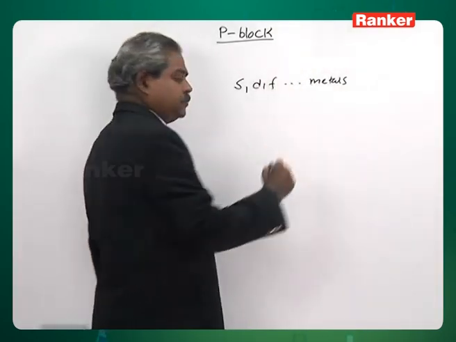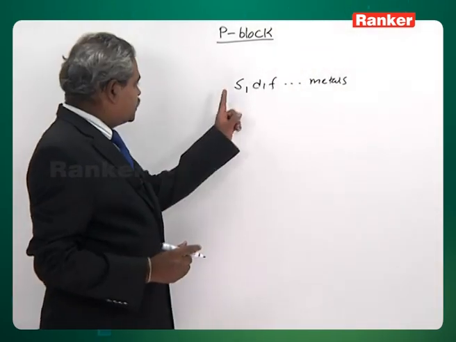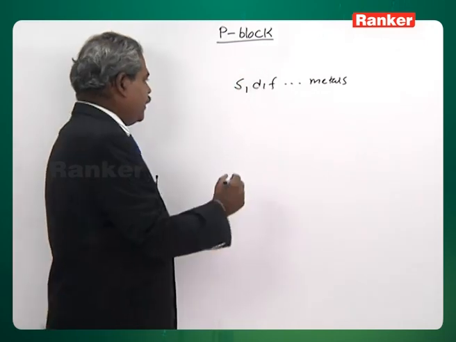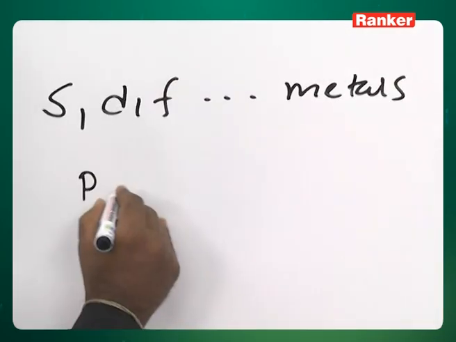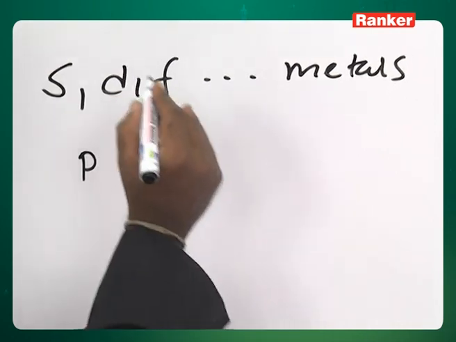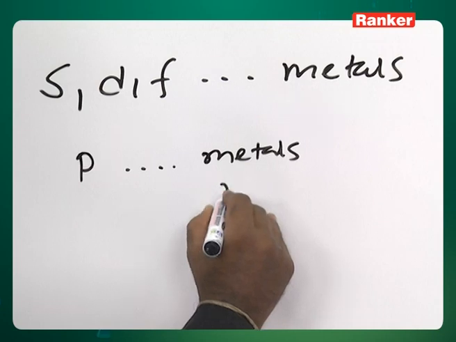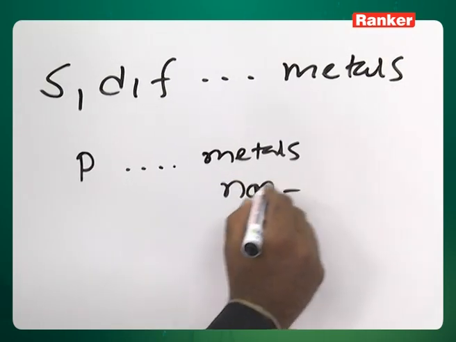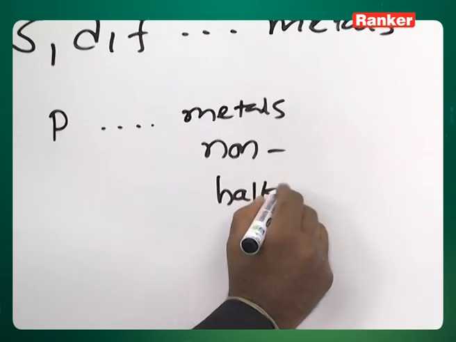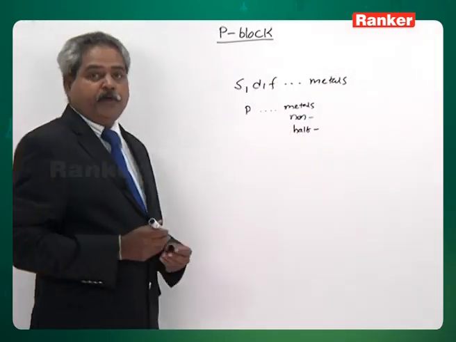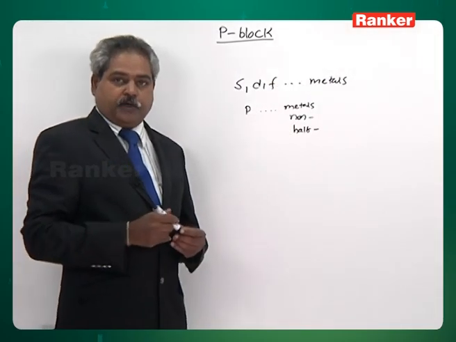They are all metals, all S, D and F. But this P block is a very mixed bag. It contains metals, non-metals, even half metals. All these are present in P block only essentially.